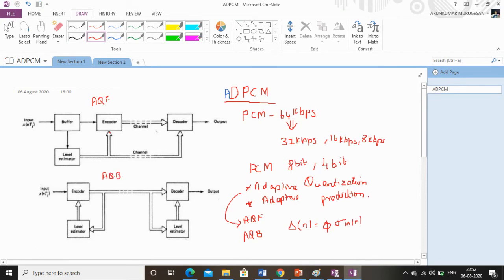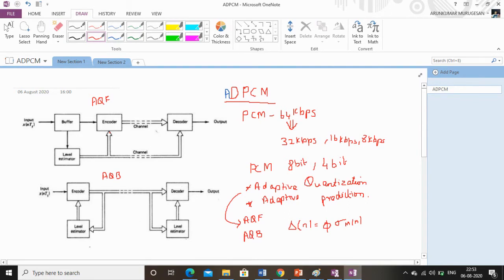In adaptive quantization forward path, unquantized samples are used to derive the standard deviation of the given message signal, and in adaptive quantization backward path, samples of the quantized output are used to derive the backward estimation of the given message signal.